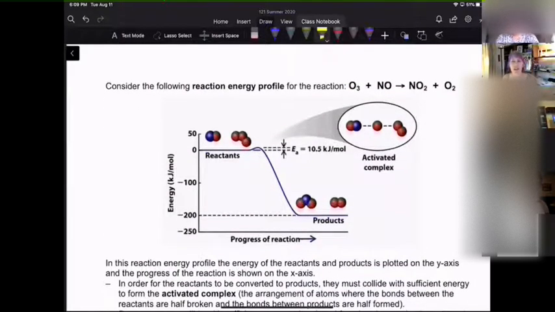So let's take a look at this reaction. This is that reaction we saw earlier, ozone plus the NO. In the forward direction, and this could go both ways, we're going to talk about both ways here, it has a relatively small activation barrier. Those reactants come together, they start out at the zero, we set the zero of energy there.